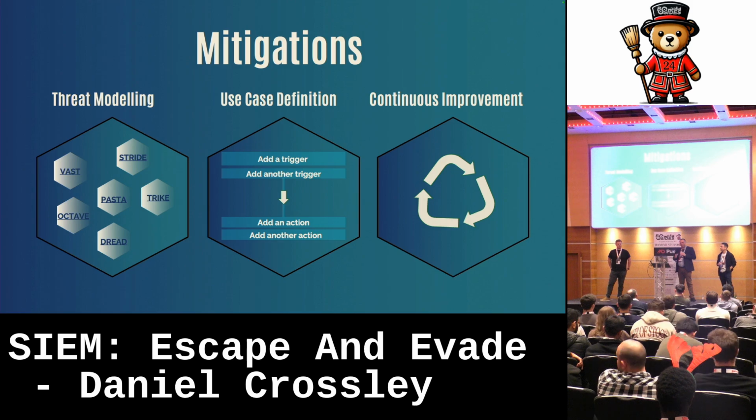But actually we managed to work together and get the DevOps teams and the SecOps teams to do some threat modelling in future. And now it's a lot better because they can actually provide at least some detective capabilities to resolve that.